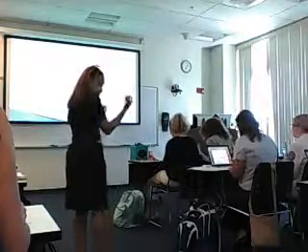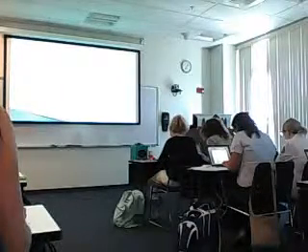What happens in myasthenia gravis is that you lose muscle tone and muscle strength, and it's progressive. It tends to start in a small area before it moves outward.